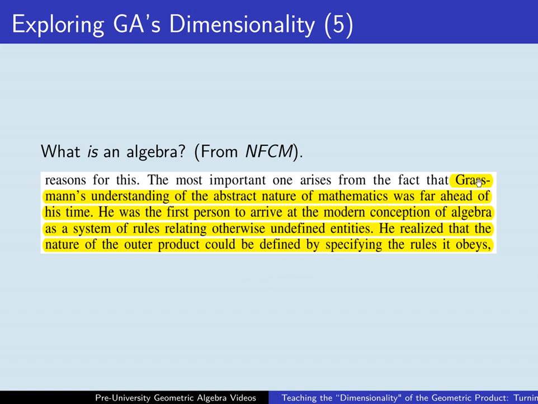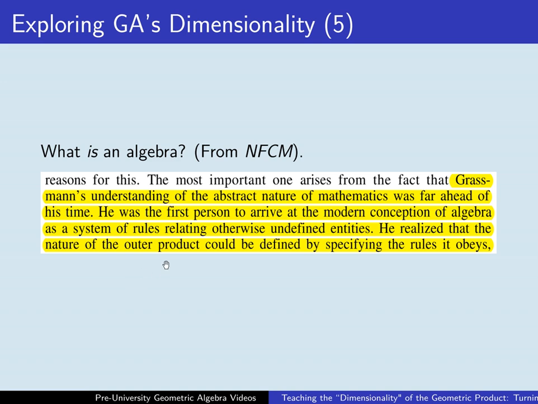Grassmann, who is mentioned here, was one of the two inventors of geometric algebra. And as Hestenes mentions, Grassmann was the first person to arrive at the modern conception of algebra as a system of rules relating otherwise unidentified entities.